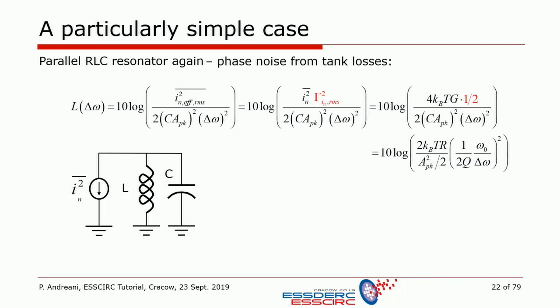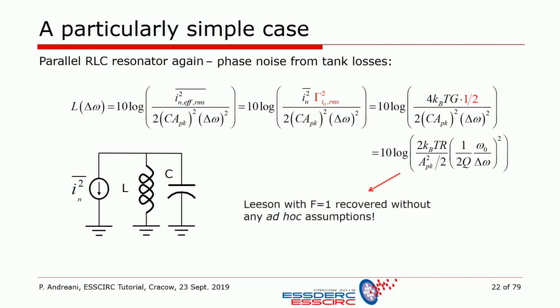So we start from the equation from the previous slide, and now in this case, since this noise source is stationary, we can break this down into the stationary part of the current and then the square of the root mean square factor of the gamma function. The gamma function is a sinusoid, so all this is just 1/2.